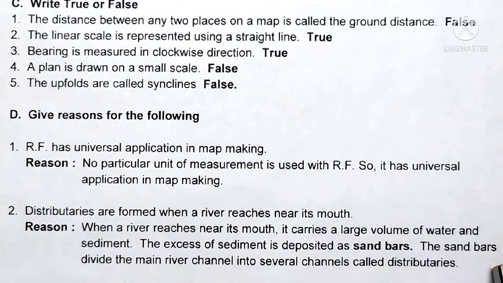The sandbars divide the main river channel into several channels called distributaries. So due to the formation of these sandbars, the main river gets split into different channels and these channels are known as distributaries.